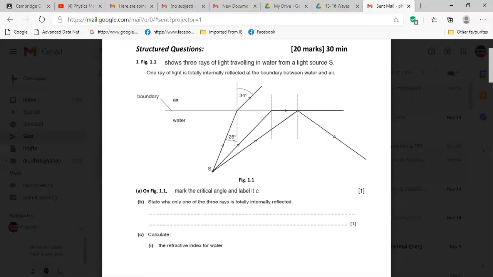Yes, sir. So sine 34 divided by sine 25. What is the answer? 0.74. How come? Sine 34 divided by sine 25 should be more than 1.